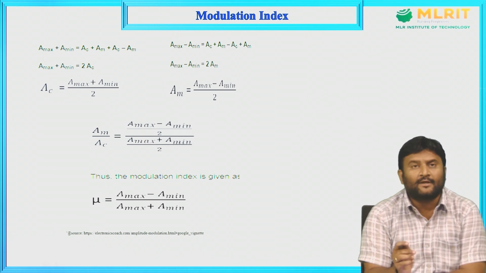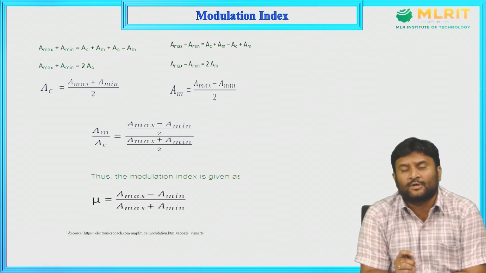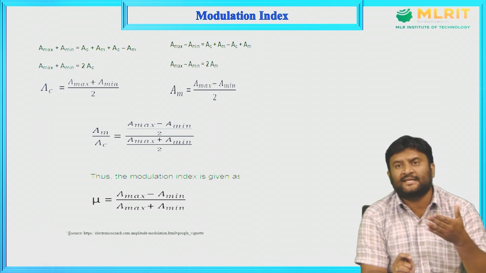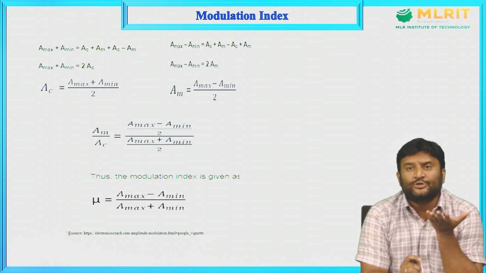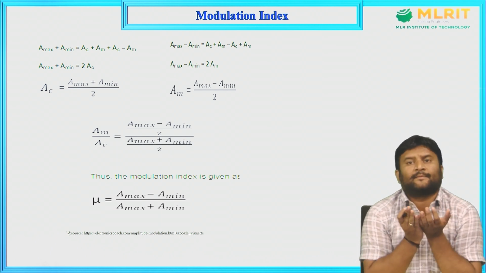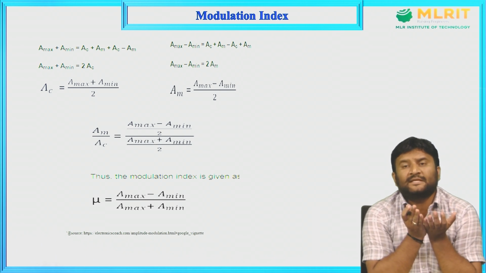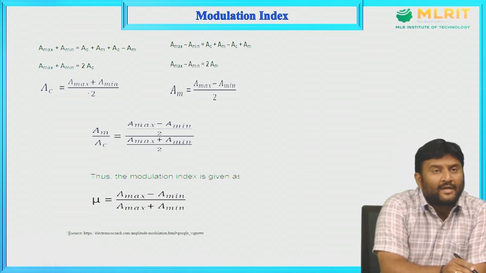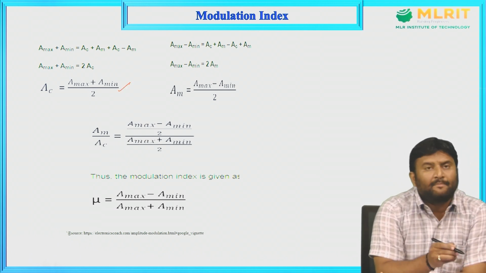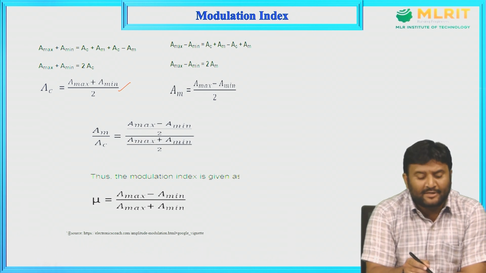Observe here, as per the definition of the modulation index, the ratio of the maximum amplitude of the message signal to the maximum amplitude of the carrier signal, otherwise, the ratio of the amplitude levels of the message signal and the carrier signal is known as the modulation index. Then observe here, the carrier amplitude should be equal to A maximum plus A minimum by 2 and the message signal amplitude should be equal to A maximum minus A minimum by 2.